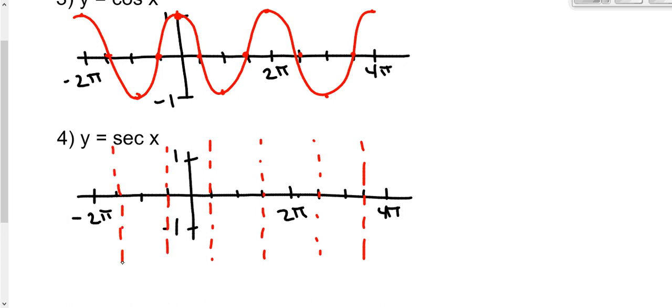Everywhere that cosine had a 1, secant has a 1. Everywhere that cosine had a negative 1, secant has a negative 1.